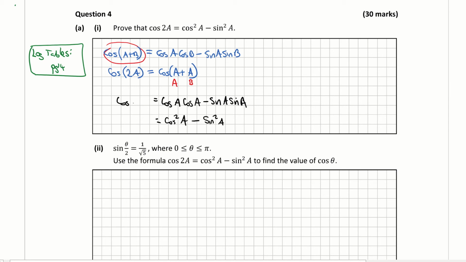So that's cos (A plus A), which is the same as cos of 2A. And that's it. It's simply put as that.